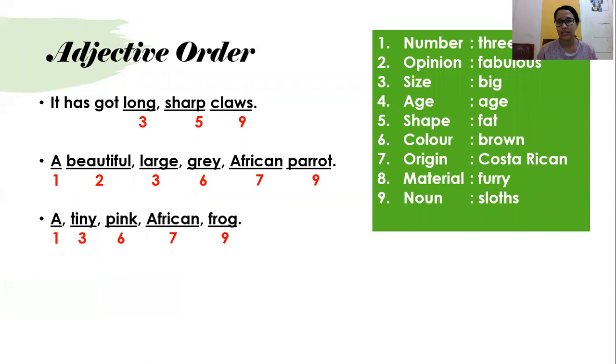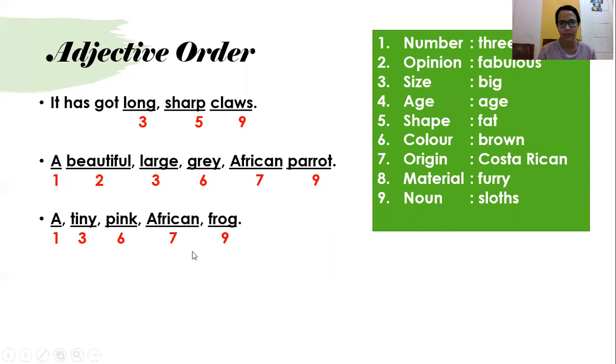Okay. Now this is the last one. Before, you mentioned the animals based on the description. Now, check again or remember again the adjective order that you need to describe the animal, right? So the adjective order that you have to memorize, 9 items: number, opinion, size, age, shape, color, origin, material, and the noun.